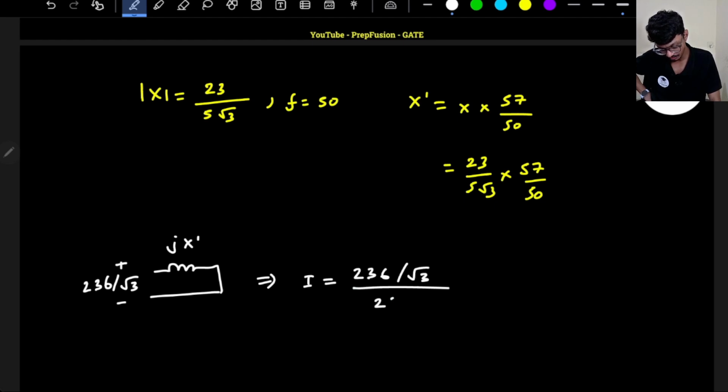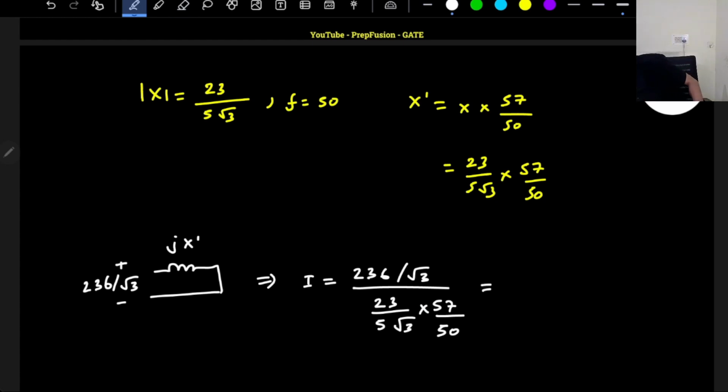X dash is this value, 23 divided by 5 root 3, times 57 divided by 50.